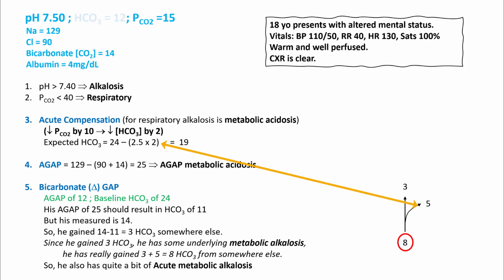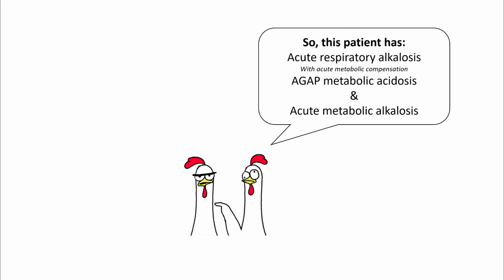He used up 5 for that compensation, and 3 is the one which you get from calculating the bicarb gap. So this patient has quite a bit of acute metabolic alkalosis, gaining 8 bicarb and not just 3. So this patient has acute respiratory alkalosis with acute metabolic compensation. He also has anion gap metabolic acidosis and acute metabolic alkalosis.